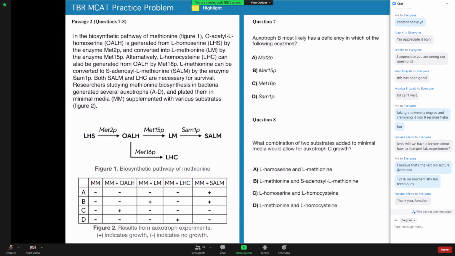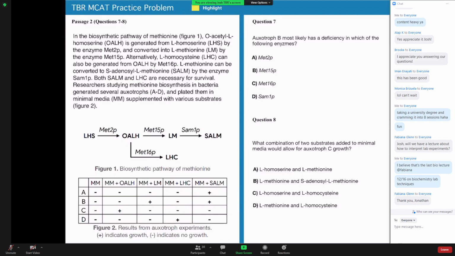Oh, and someone says, well, we have a lecture about how to interpret lab experiments. Yeah, that'll be the last lecture, but also not the last lecture. You're going to get that in the cell bio lecture, the genetic expression lecture, the molecular bio lecture.